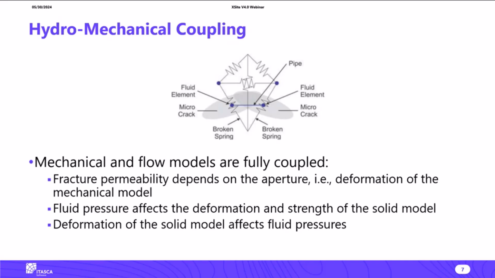So ExSite does the effective stress calculation. And finally, there is the undrained effect of pore pressure change, even without any pore pressure dissipation, as a result of solid model deformation and induced volumetric strain.